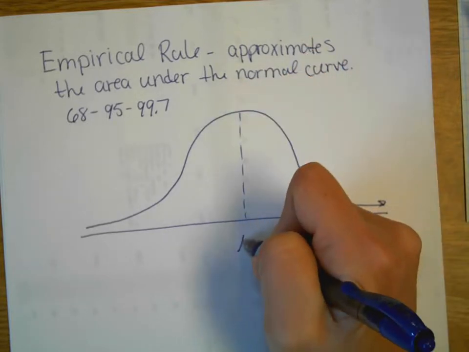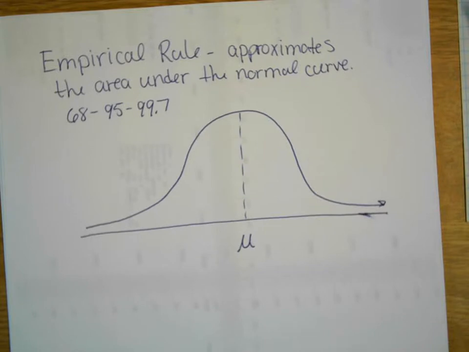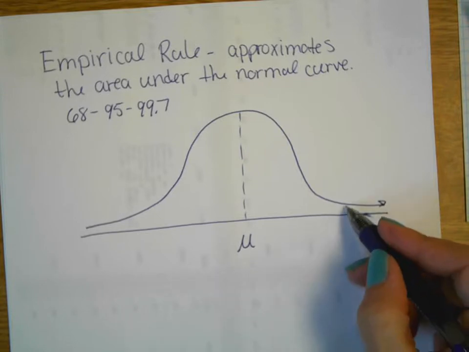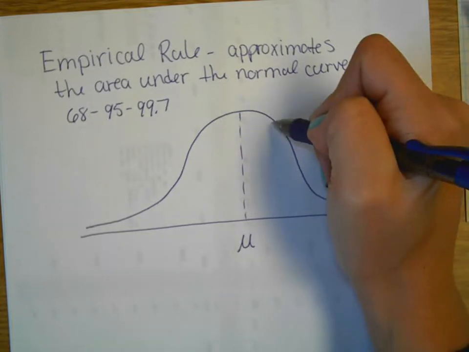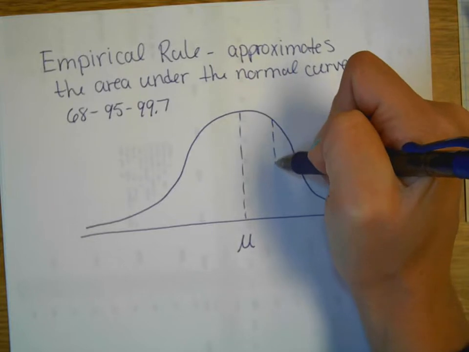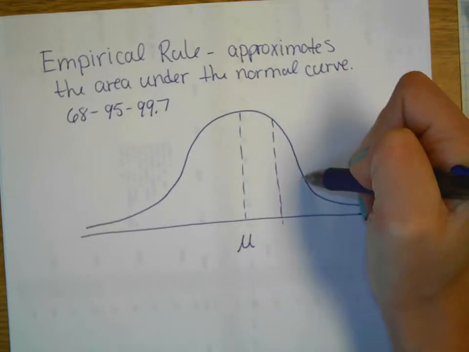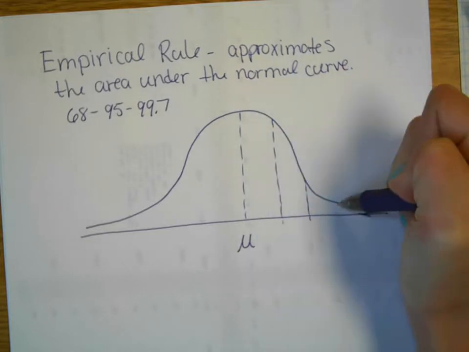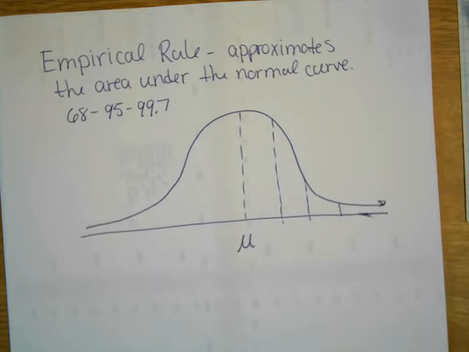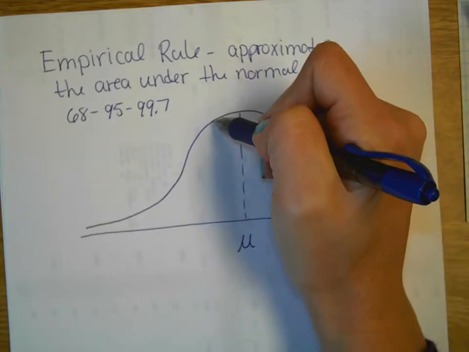Here's our mean. I actually had a pretty good one. And then remember, it was 3 standard deviations out to the right, and that third one kind of took you to where it was tailing off. So just kind of estimate 3 equally spaced chunks here. I'm going to do the same thing on the other side.